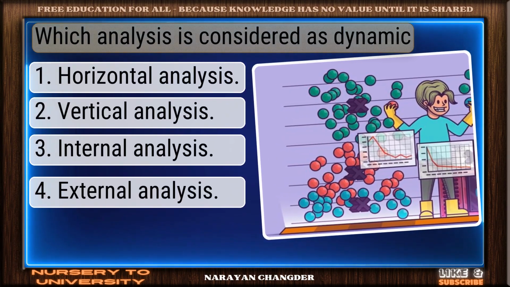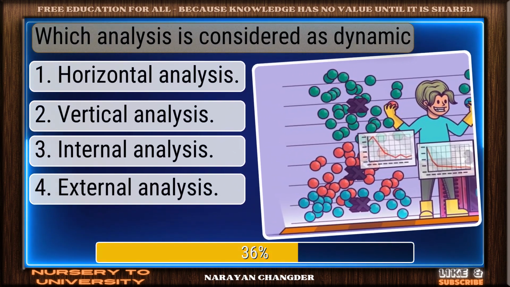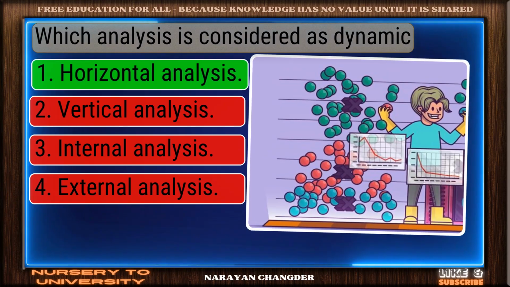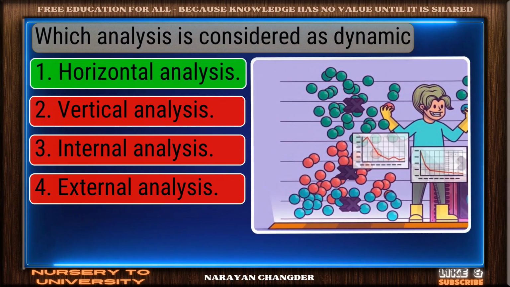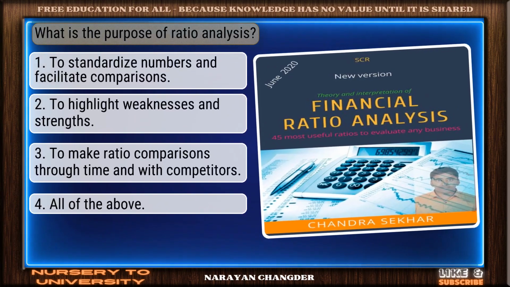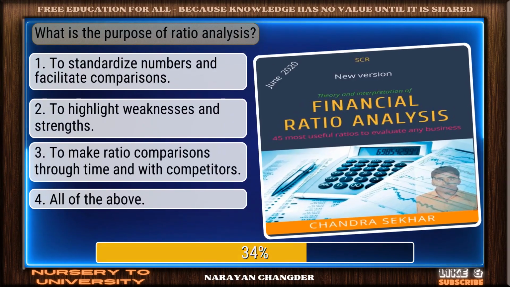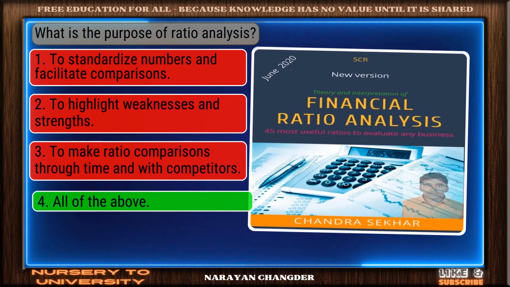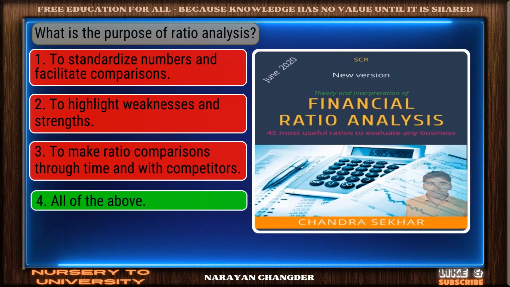Which analysis is considered as dynamic? Great thinking. Horizontal analysis is the right choice. What is the purpose of ratio analysis? You chose all of the above, and it is correct.